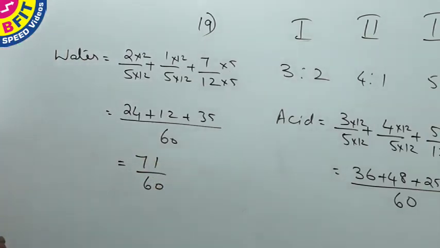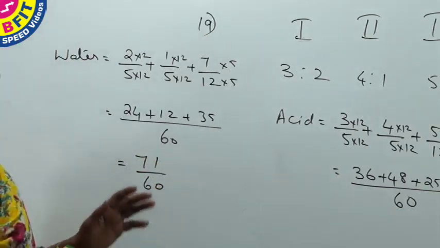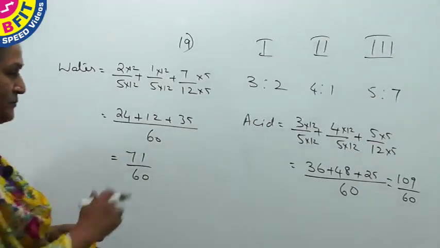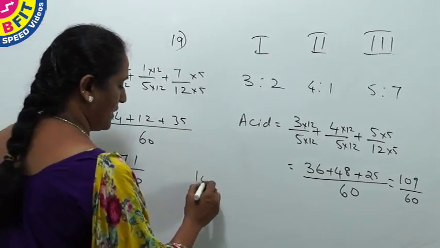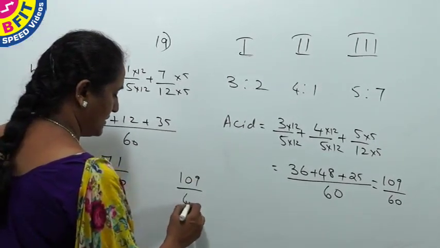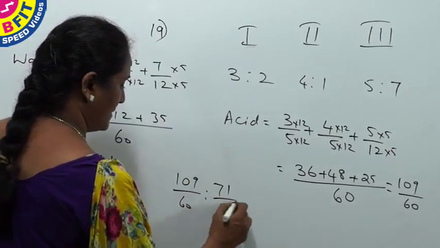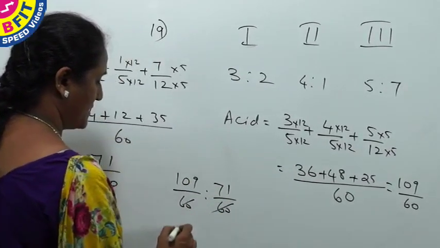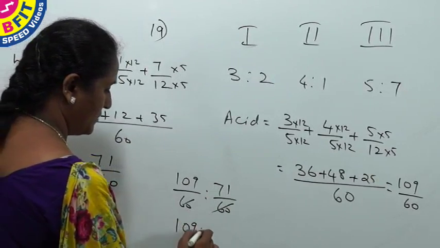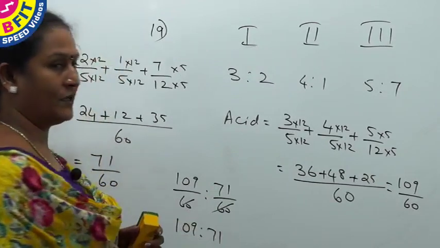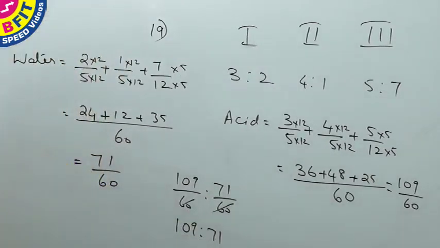So now to find the ratio between sulfuric acid and water in the final mixture, we have 109 out of 60 and 71 by 60. So when cancelled, the ratio is 109 by 71.